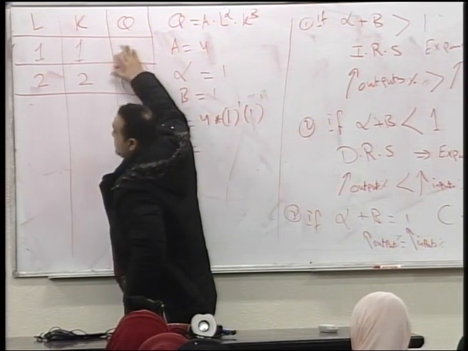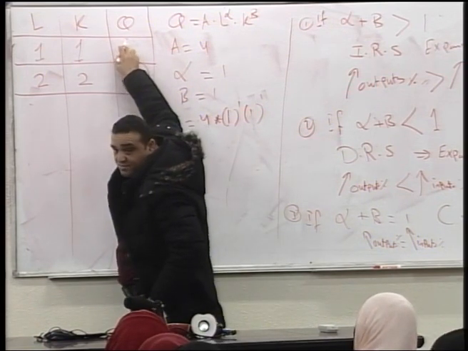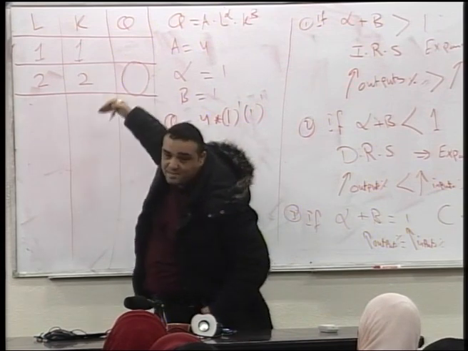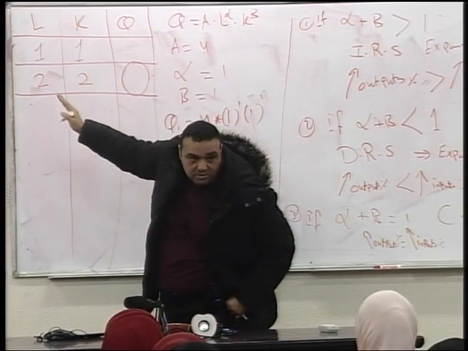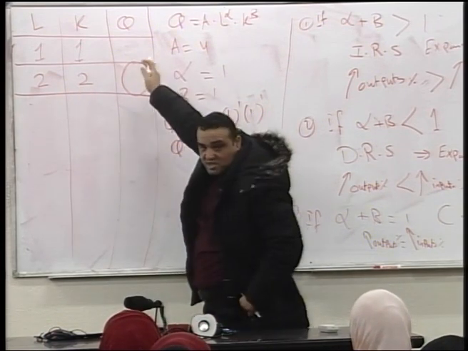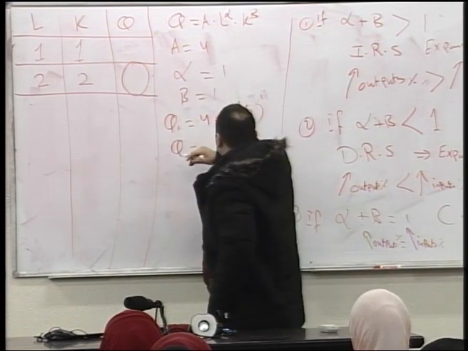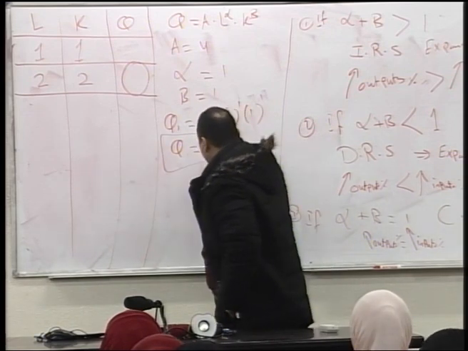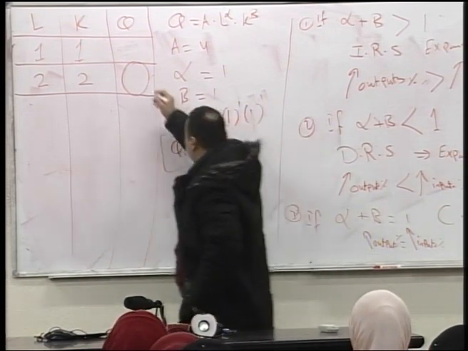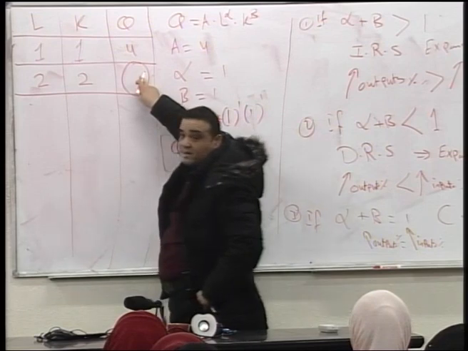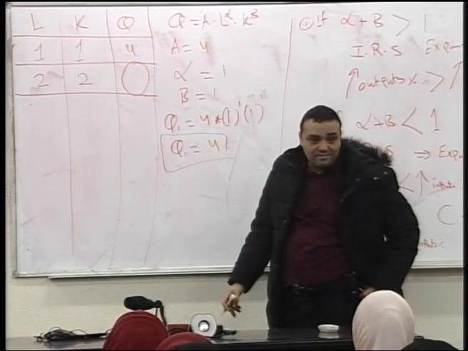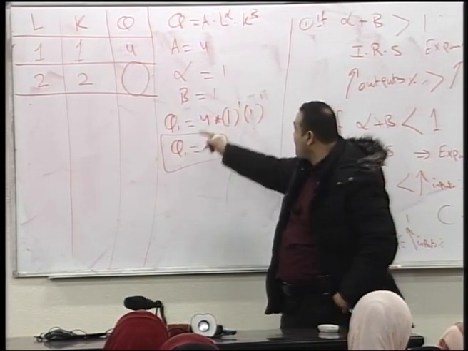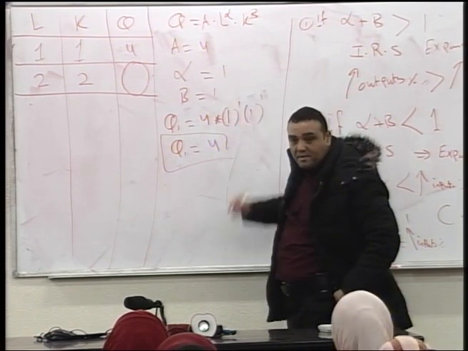This one we have to calculate. So here 4 times 1 times 1 is 4, so Q1 equals 4. The second should be bigger than 8, because alpha plus beta is bigger than 1.